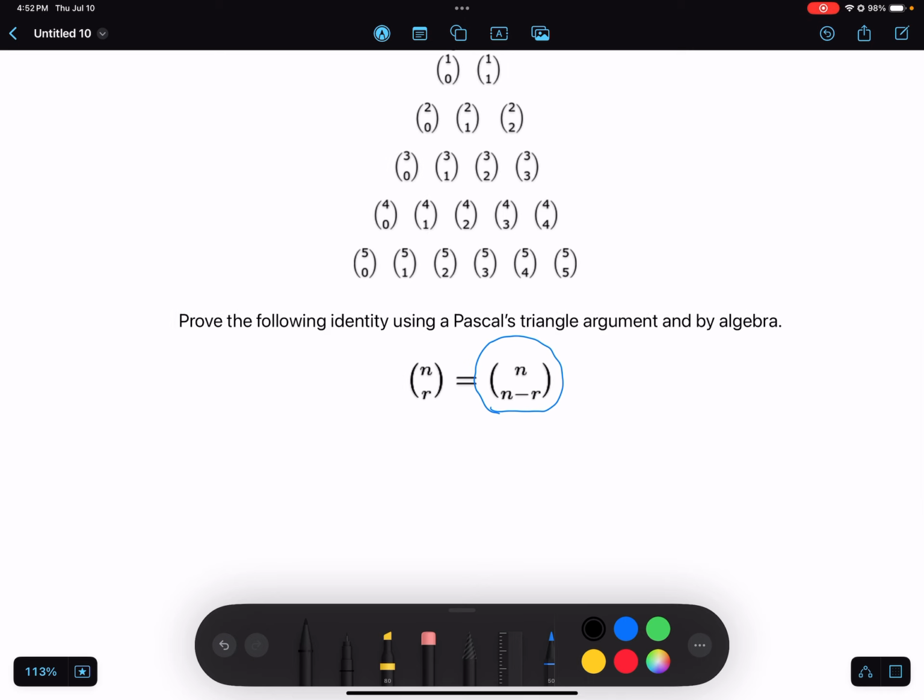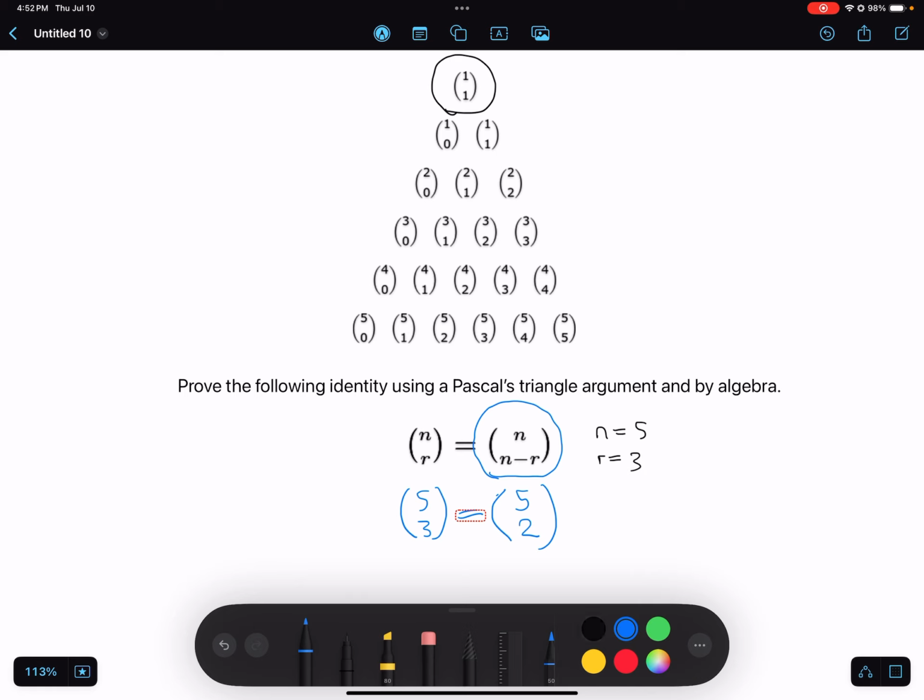Let's, for example, set n equal to 5 and r equal to 3. Our left side becomes 5 choose 3, and our right side is 5 choose n minus r, so 5 choose 2. If you look back up at our triangle, you can see we have 5 choose 2 and 5 choose 3.